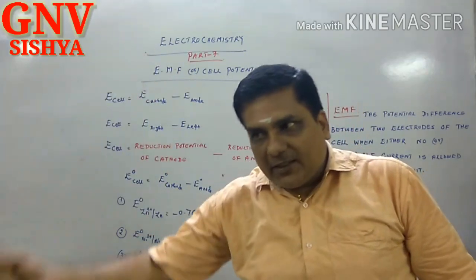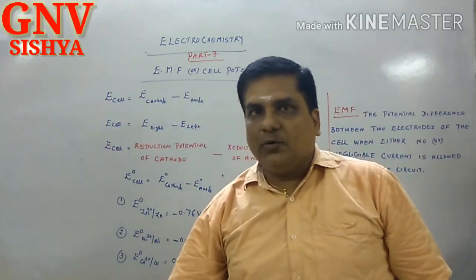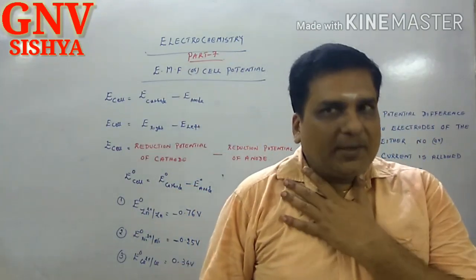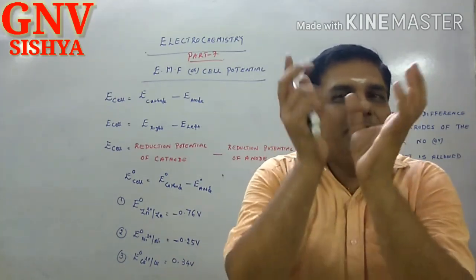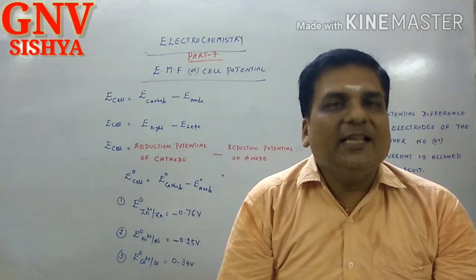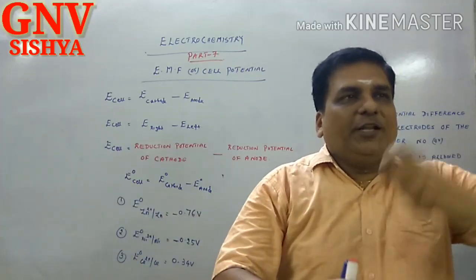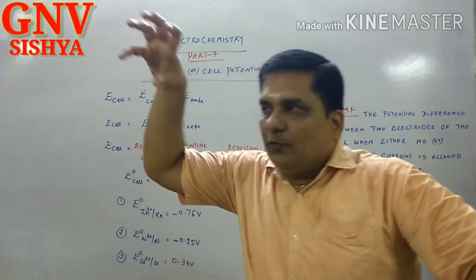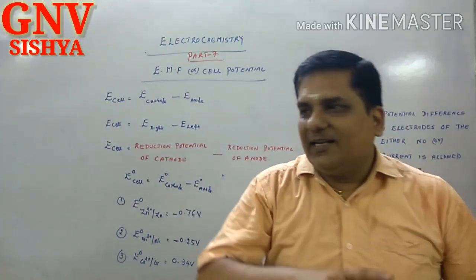So, if electrons are flowing from one end to another and current is flowing the other way, from cathode to anode, we come to the conclusion that there exists some difference in potential. The difference in potential is known as what? EMF, electromotive force. And the electron is motivated to flow from one end to another because of what?